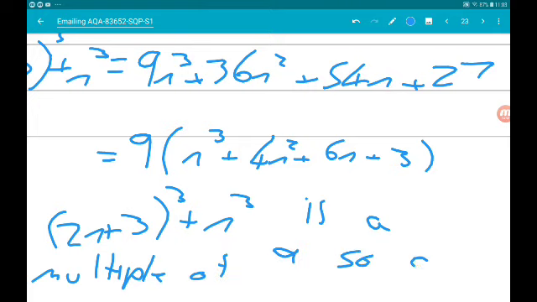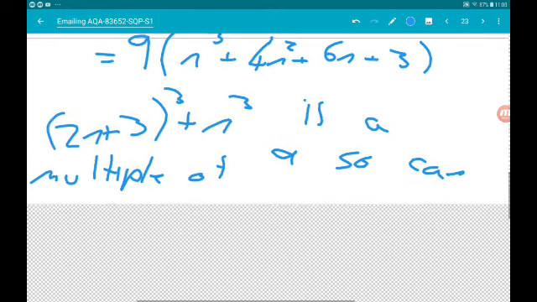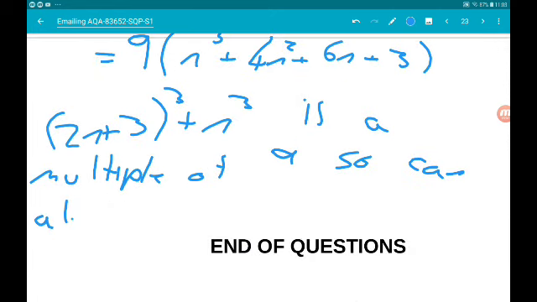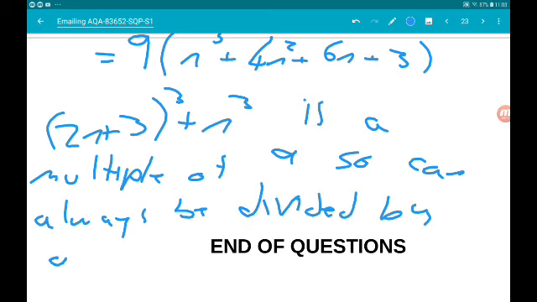So can always be divided by 9 when n is integer.